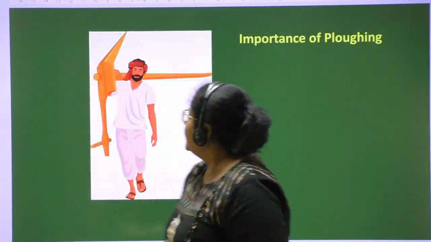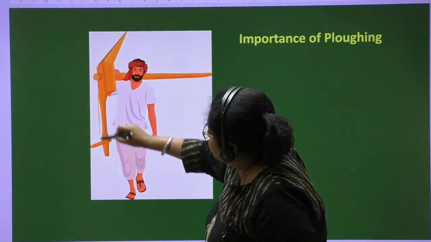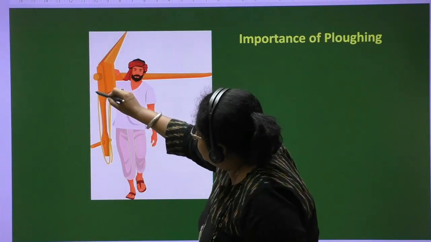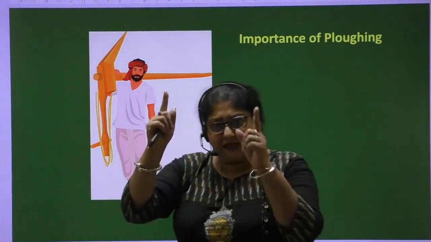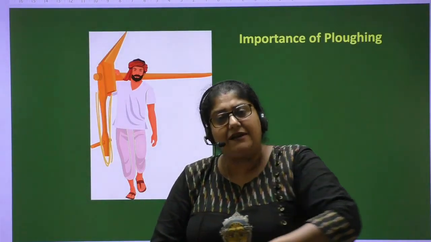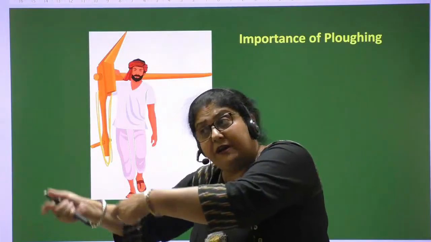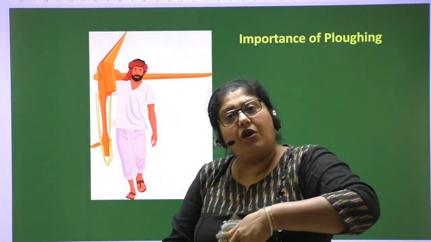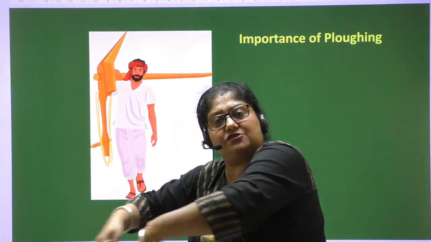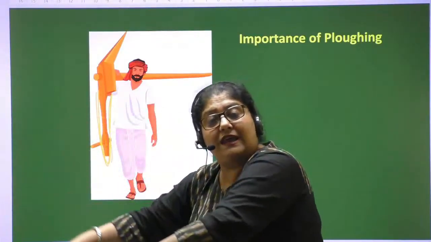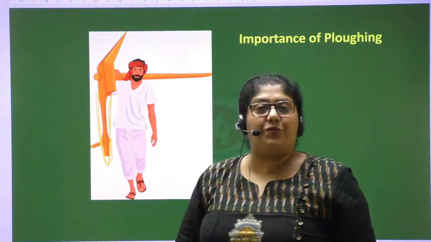See this picture? With the help of this needle-like part, when it is dragged on the soil, it makes a trench in the soil. Not only that, it also churns the soil, it overturns the soil, and this is very important.